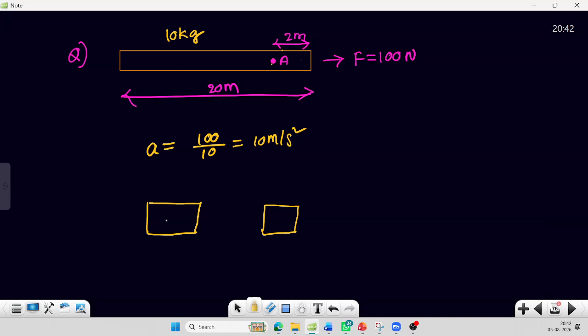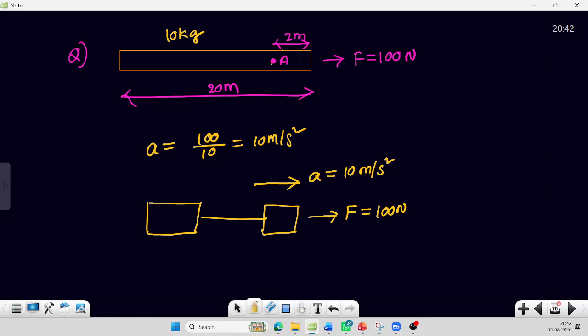Now we can imagine these two are connected by a massless string. How much force did we apply here? The force we applied is 100 newtons, and this system is moving with some acceleration, 10 meter per second square.